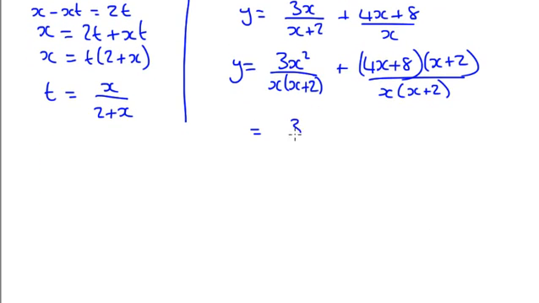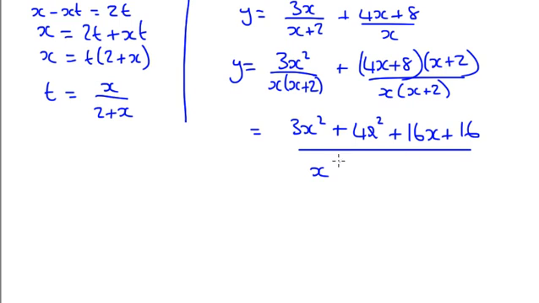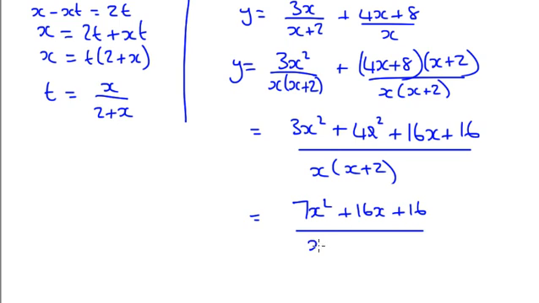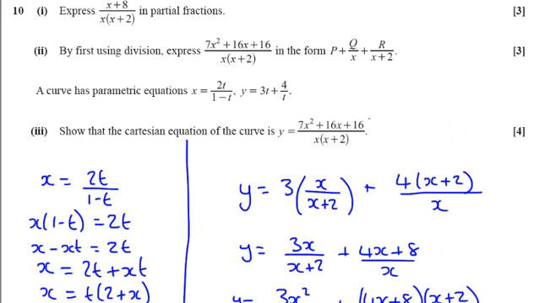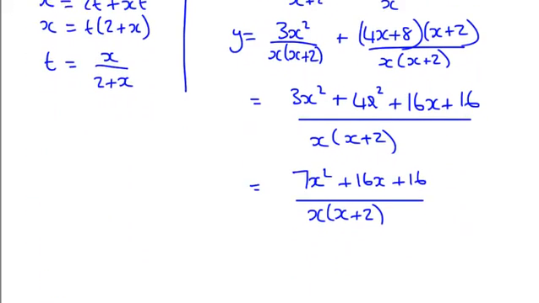So if I expand the brackets on the right hand side, I'm going to get 4x squared plus 16x plus 16, all over x bracket x plus 2, which is equal to 7x squared plus 16x plus 16 over x bracket x plus 2, which is what we were aiming for. So that's the end of part 3.